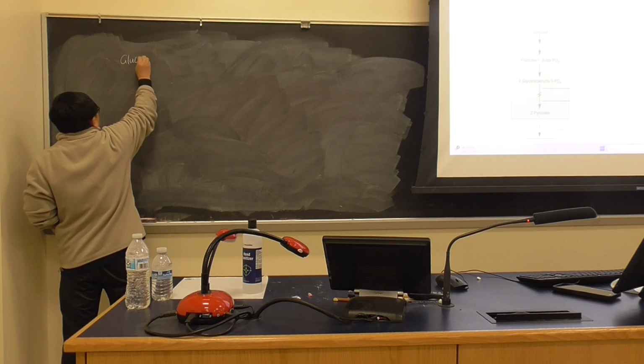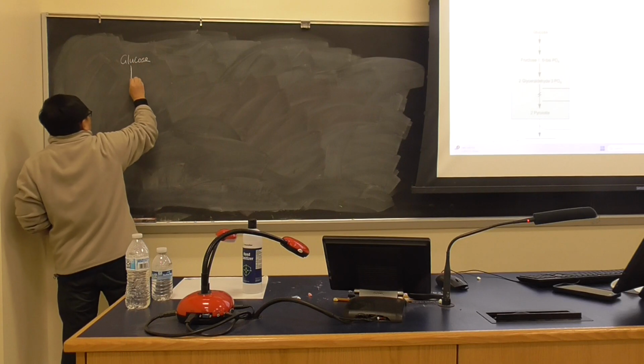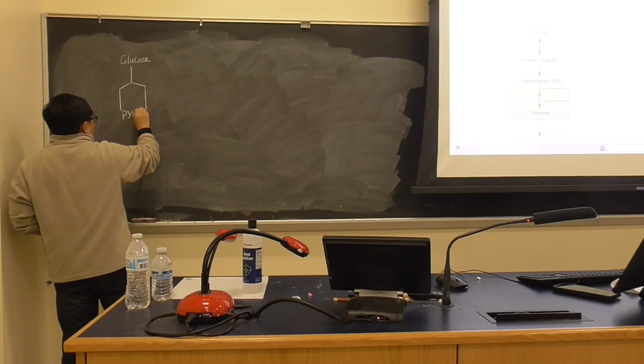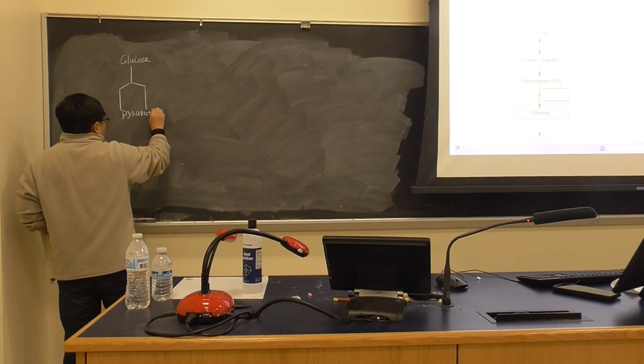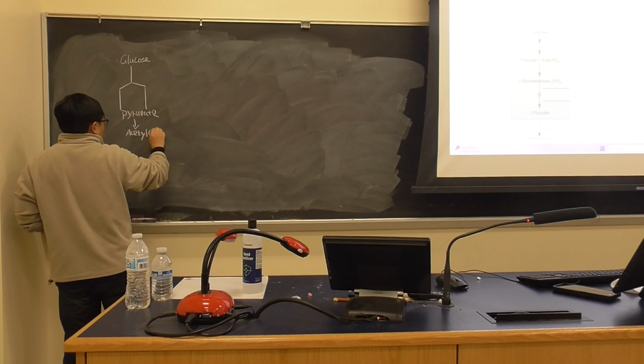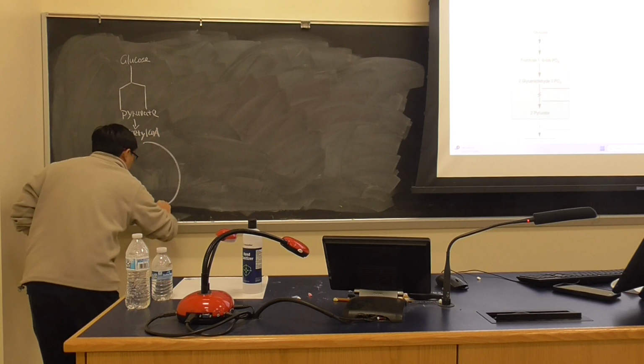So glucose becomes pyruvate, then becomes acetyl-CoA, then goes into the TCA cycle.